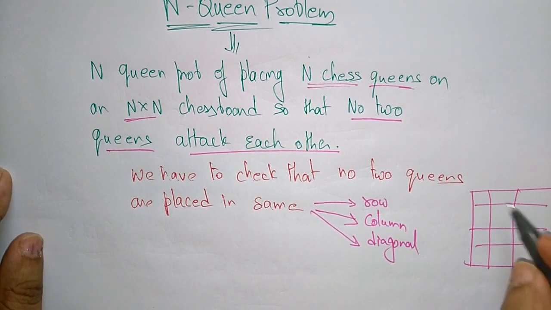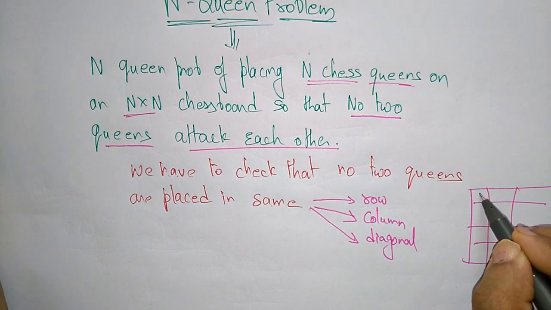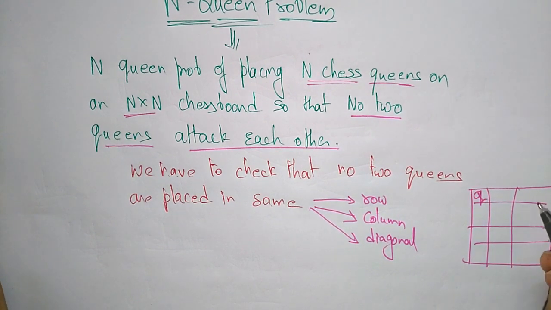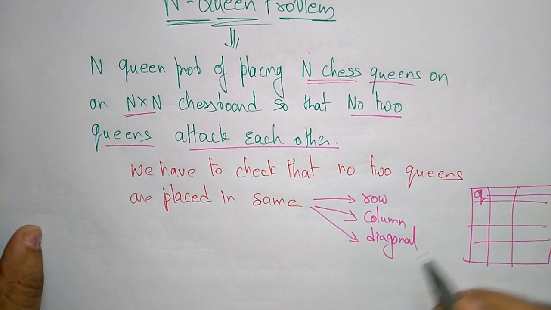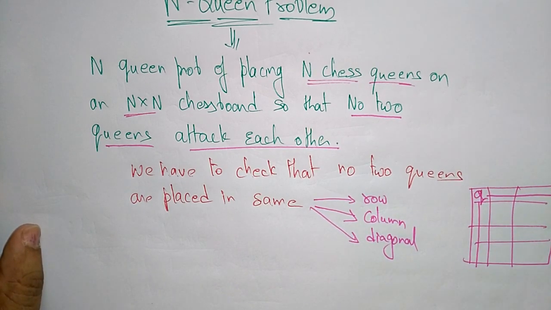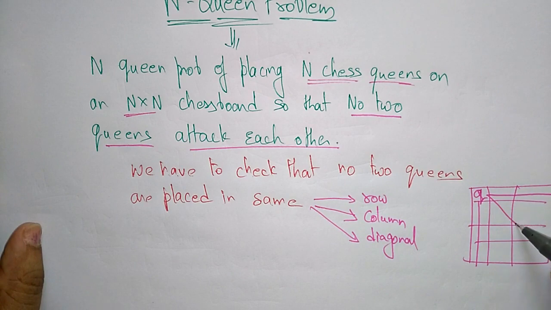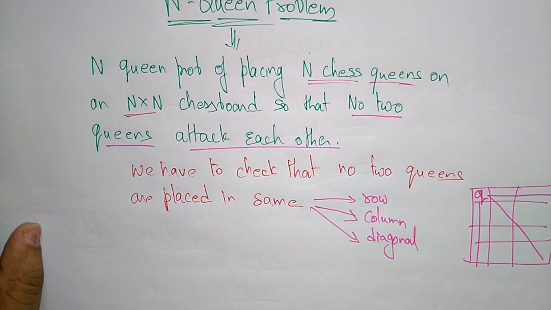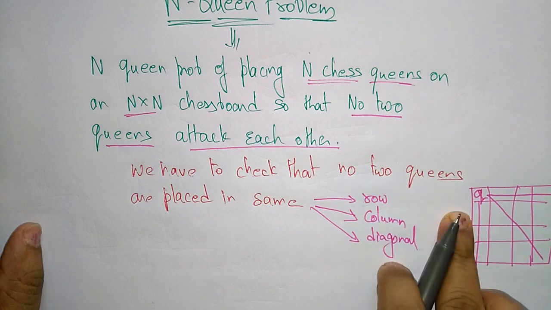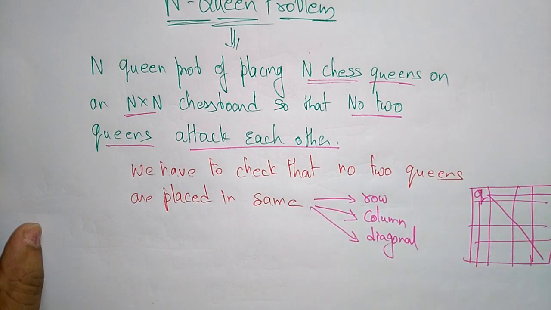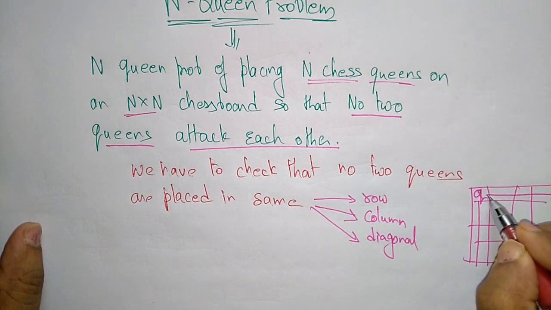Suppose you place a queen here. Then you can't place another in the same row, the same column, or the same diagonal. Here I am taking 4.